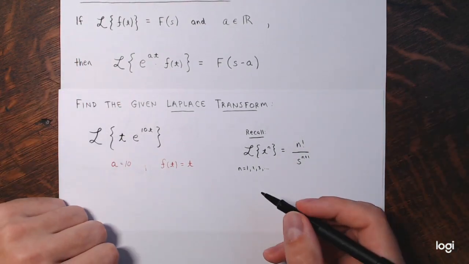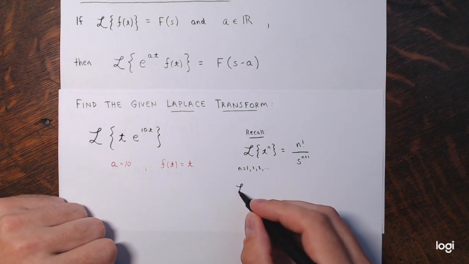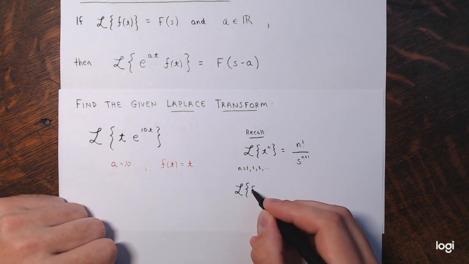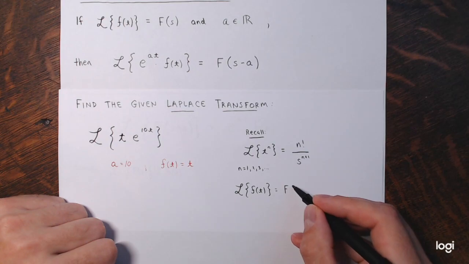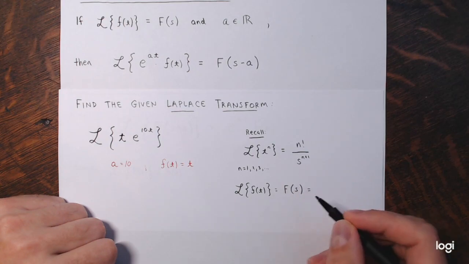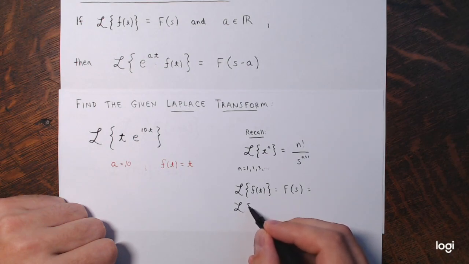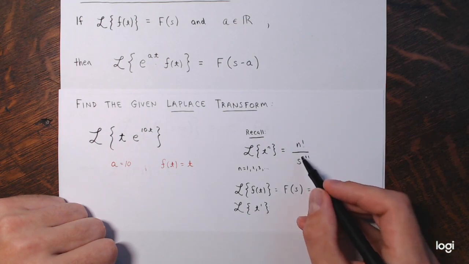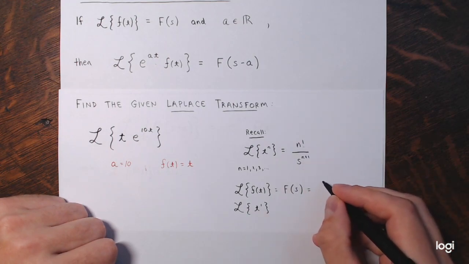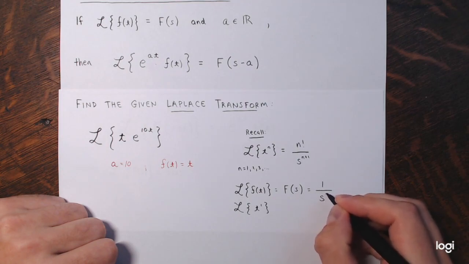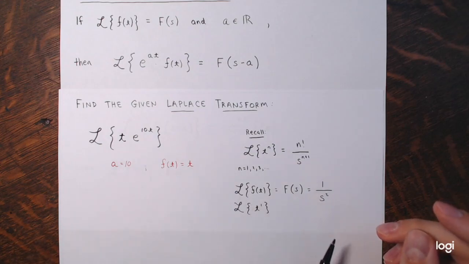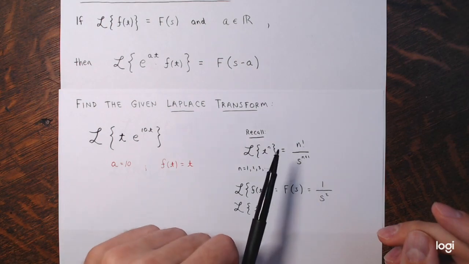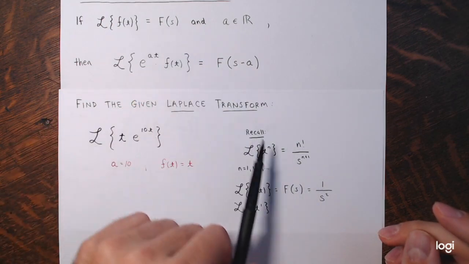So the Laplace transform of f of t in this example, or the F of s, that's the Laplace transform of just t to the first, and that would be 1 factorial divided by s to the 1 plus 1. That's 1 over s squared. All right, so the Laplace transform of just t is 1 over s squared. And this 1 over s squared is the F of s from the theorem earlier.